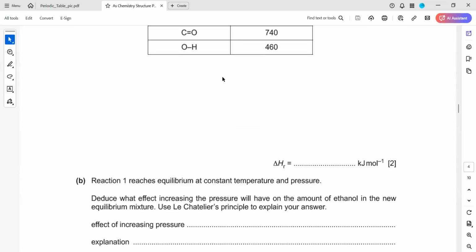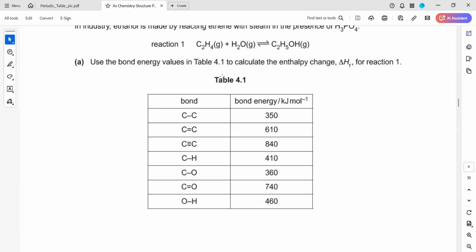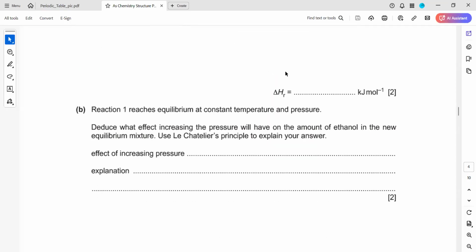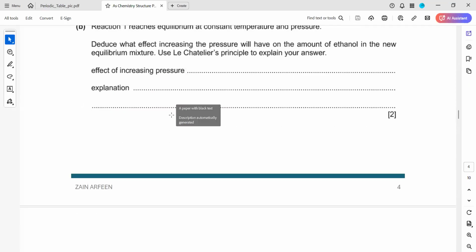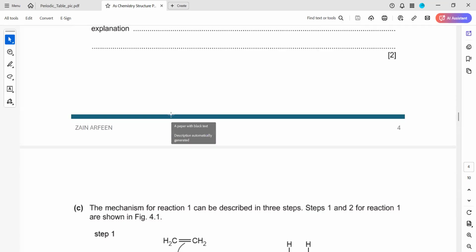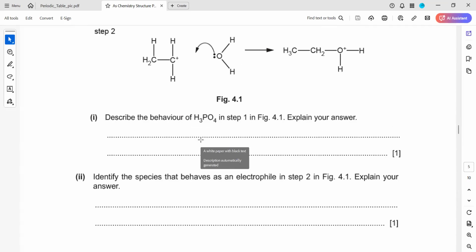Question 2A. Here the bonds are given, the bond energies are given. We just have to use bond breaking minus bond forming. Part B, any doubt? Part C? Part C1, C2, any doubt?